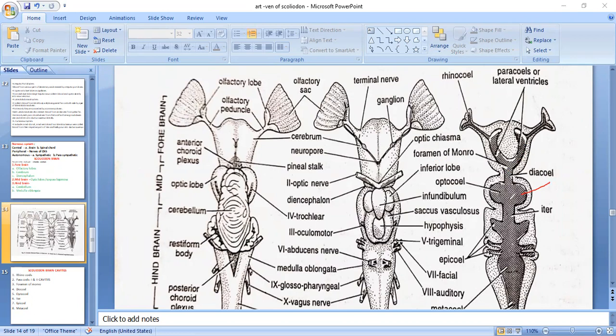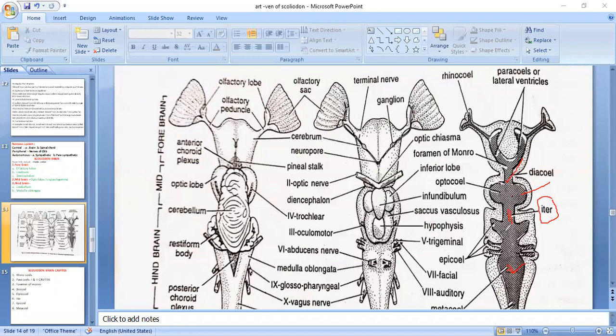The optocoel is connected to the epicoel and the fourth cavity, the metacoel, by a narrow duct called the iter duct or aqueduct of Sylvius.